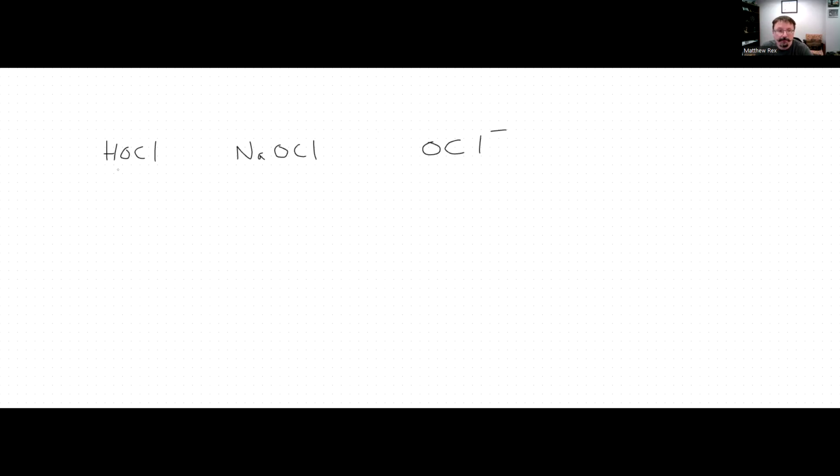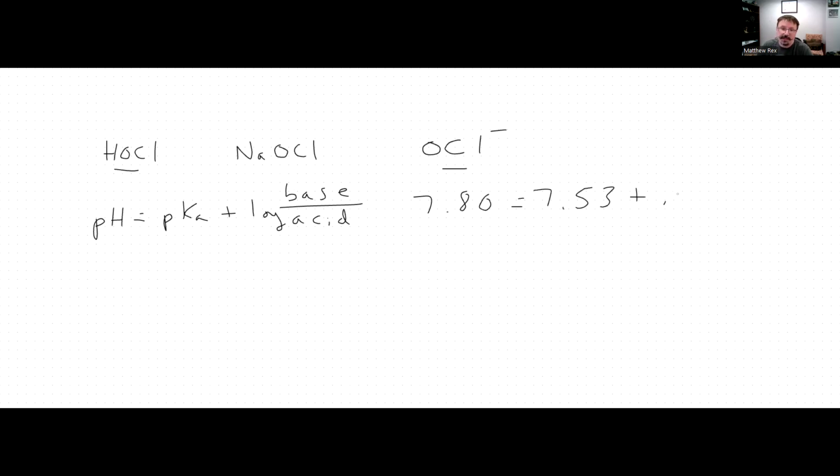So the pH for a buffer is always pKa plus log of the base over the acid. We know that our pH is 7.8. We know our pKa is 7.53. So that means this term right here must be 0.27.